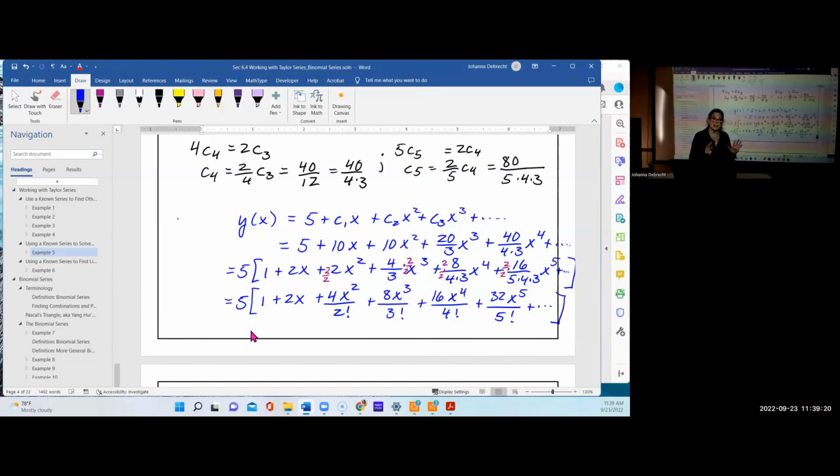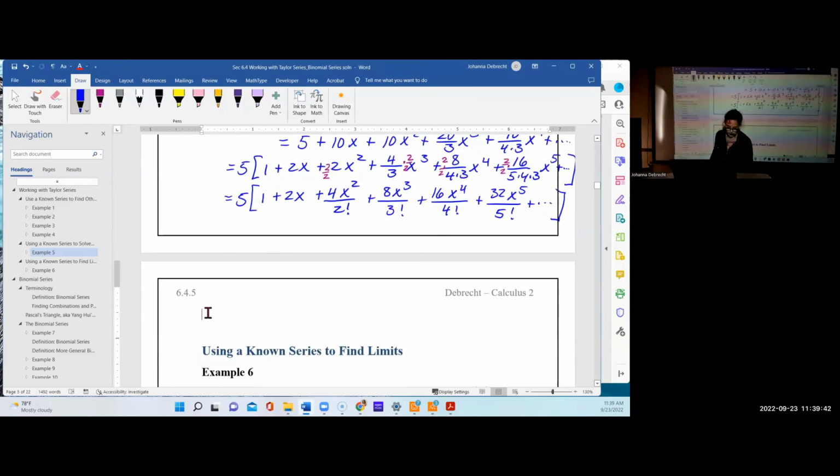Okay, now hang on a second and stare carefully at these constants in the numerator. They're all powers of 2. This is 2 squared, 2 cubed, 2 to the 4th, 2 to the 5th, and they match the factorial and the power on x. So the next thing we're going to do is expand this a little bit and write it in a slightly different form.